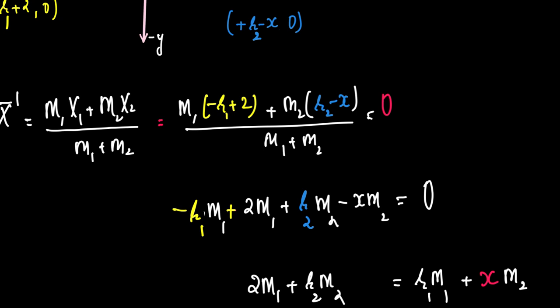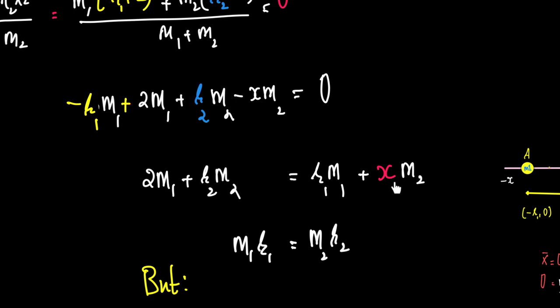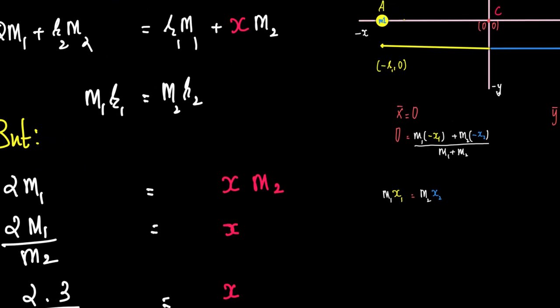Now when we open the bracket, m1 into minus r1 becomes minus r1 m1 plus m1 into 2 becomes 2m1, m2 into r2 becomes r2 m2 minus x m2. So I'll just transpose the negative terms towards the LHS. So we have r1 m1 plus x m2 is equal to 2m1 plus r2 m2. But from the previous discussion on x bar, which is the original position, we have found out that m1 x1 is equal to m2 x2.